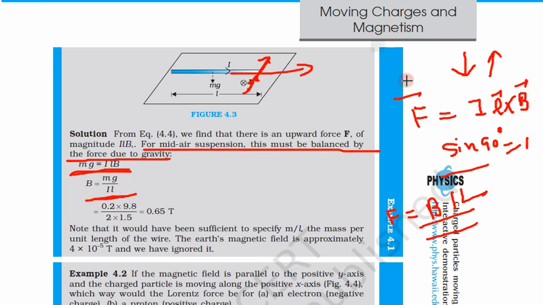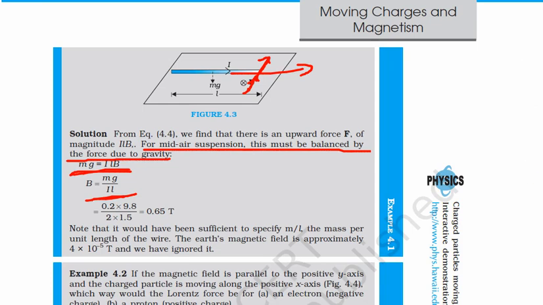So this is the case. What we have done is put both the forces equal: the force due to gravity that is pulling it down and the force due to the magnetic field which is lifting it up. Only when both the forces are equal will the wire remain in the air. So putting in the values, mass is 200 gram, that means 0.2 kilogram, g is 9.8, I is 2 ampere, length is 1.5 meter.